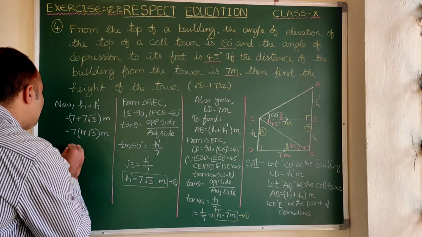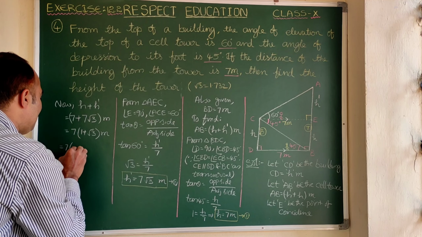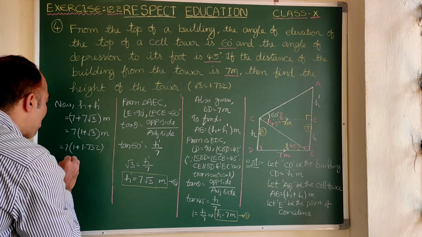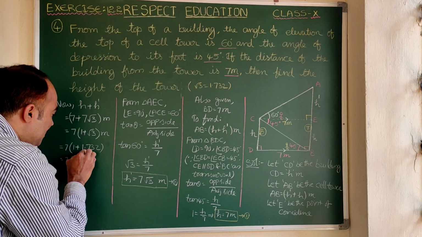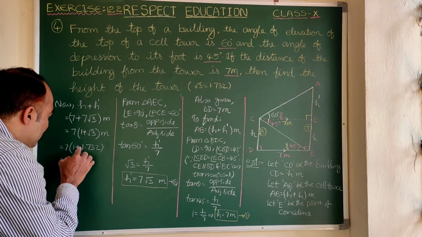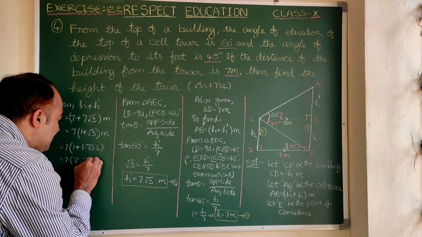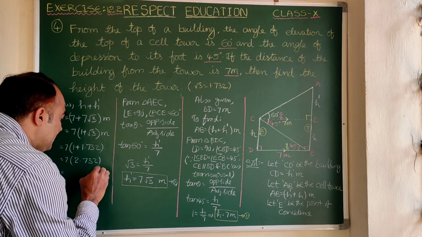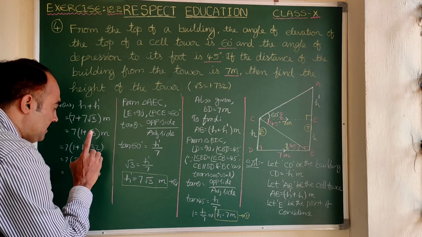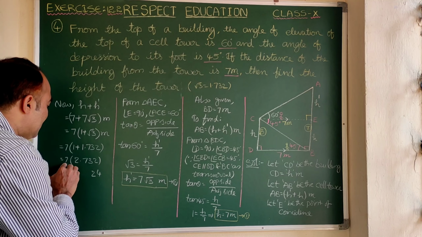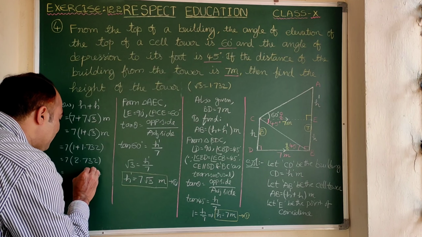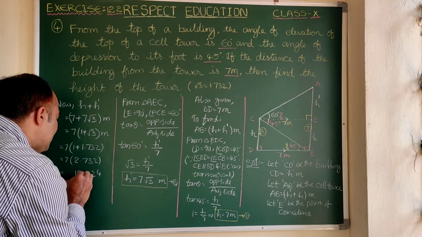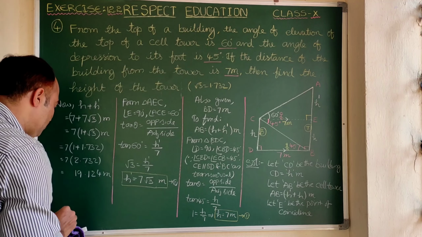So let us substitute here. This is 7 into 1 plus 1.732, which is 2.732. Let us multiply with 7. 7 2s are 14, 1 is carry forward. 7 3s are 21 plus 1, 22. 2 is carry forward. 7 7s are 49 plus 2, 51. 5 is carry forward. 7 2s are 14 plus 5, 19. So it is 19.124 meters.